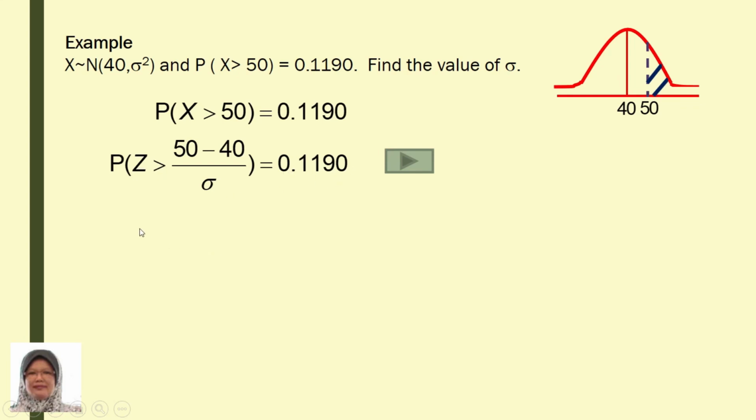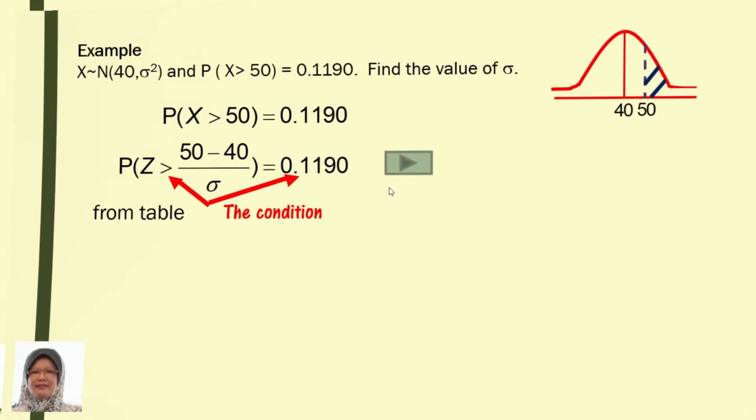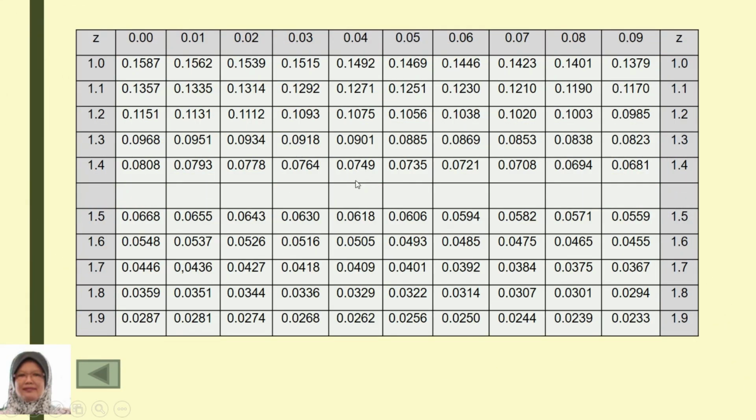Look at the condition. We have the symbol greater than and the area is 0.1190. So both conditions are suitable for us to read the answer from the table. From the table we look at 0.1190 and we look at the first column, we get 1.1 and the first row 0.08.